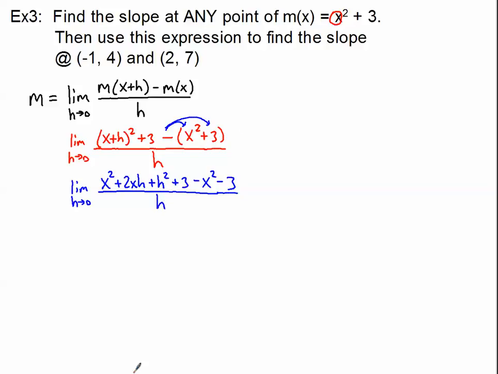And like I said, all of the terms that come out of this will always be opposites of terms that came before it, leaving only things that have h's in them. So we're very close.